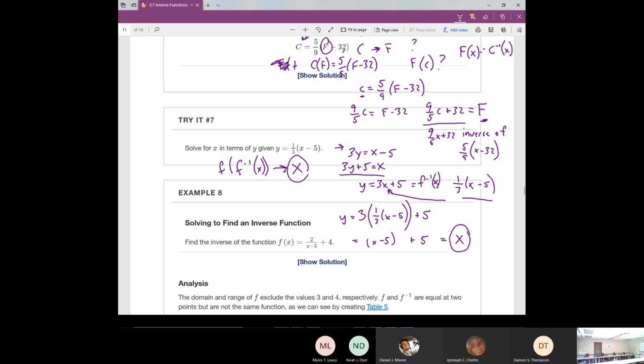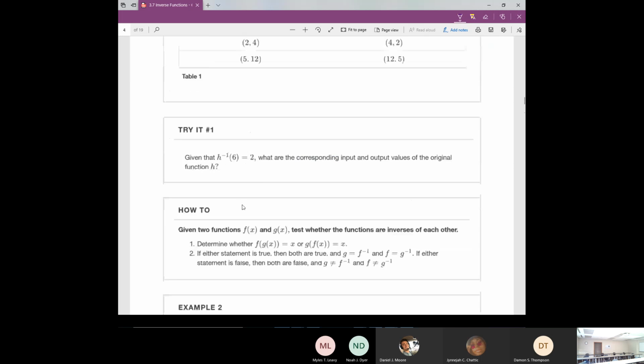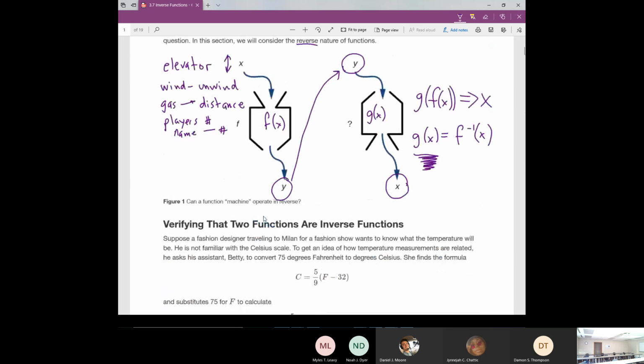And that's the definition. There is one function that will give me back x if I feed it into the original function. That's the definition of the inverse. Just like way back at the beginning, I had that heat pump or some function.